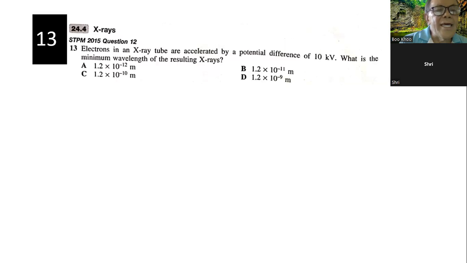Electrons in an X-ray tube are accelerated through a potential of 10 kilovolt. What is the minimum wavelength of the resulting X-ray? What is your answer?